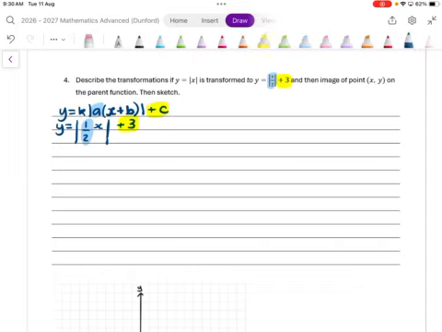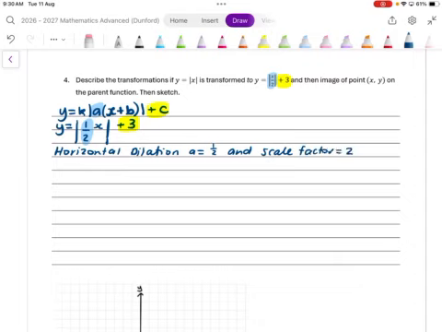Remember, we always start with horizontal dilation. So we have horizontal dilation where a equals a half and a scale factor equals 2.